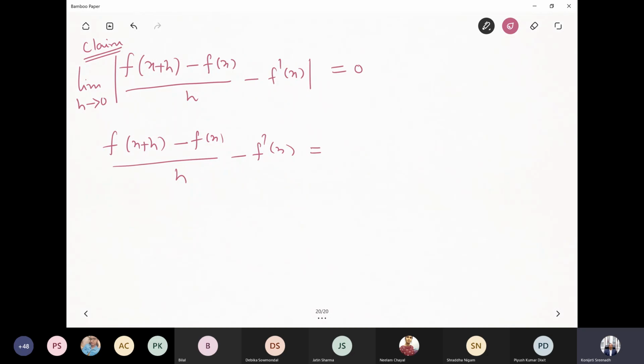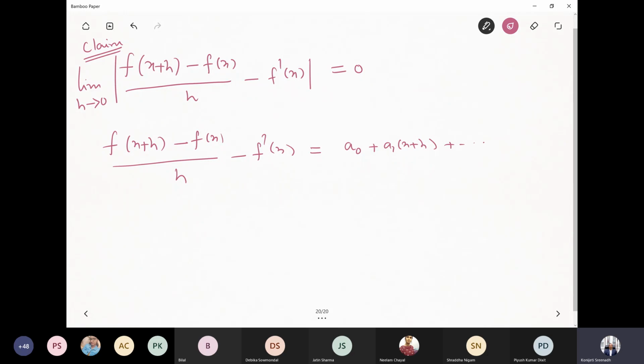So it will have the a1. So a1 into the first term. Let me write only the first two terms to tell you that actually it is a0 plus a1 into x plus h.